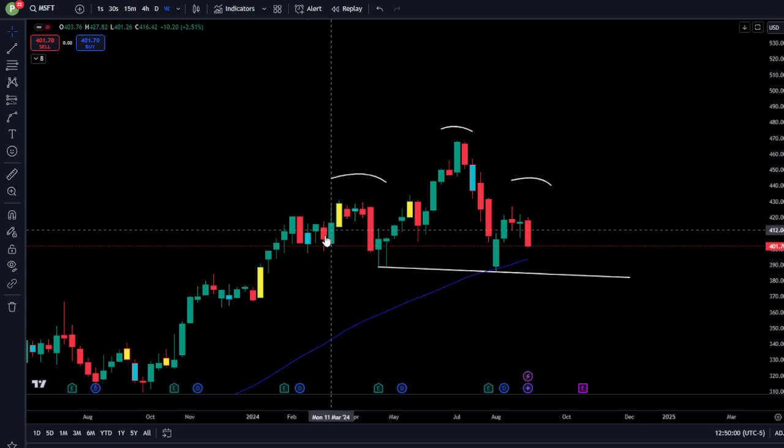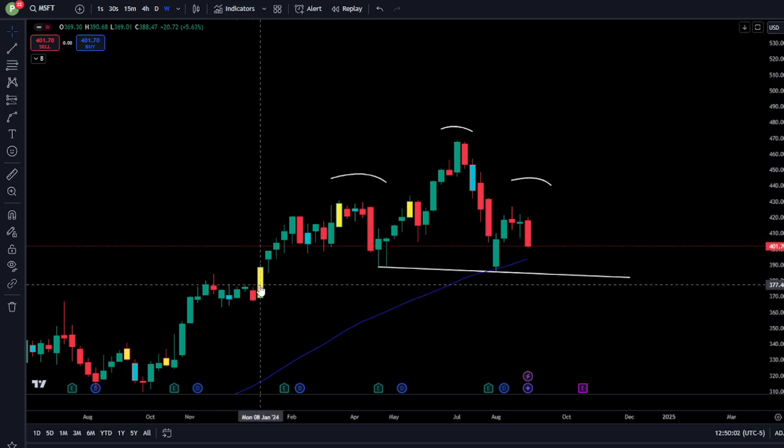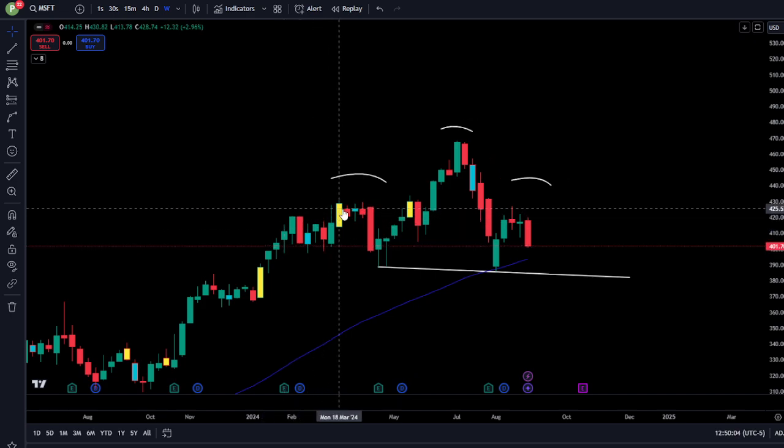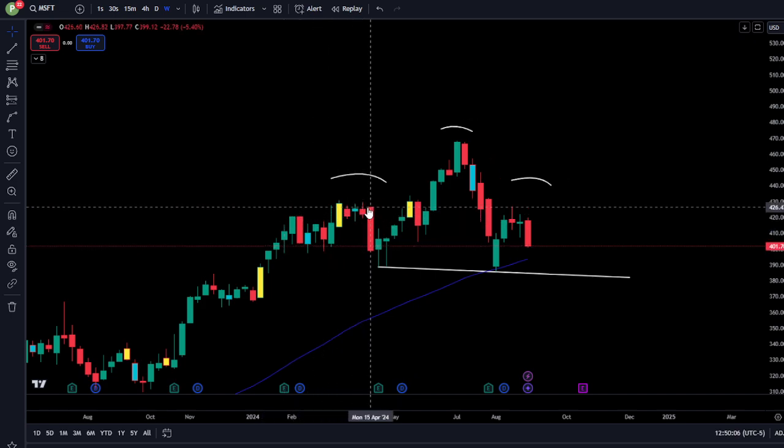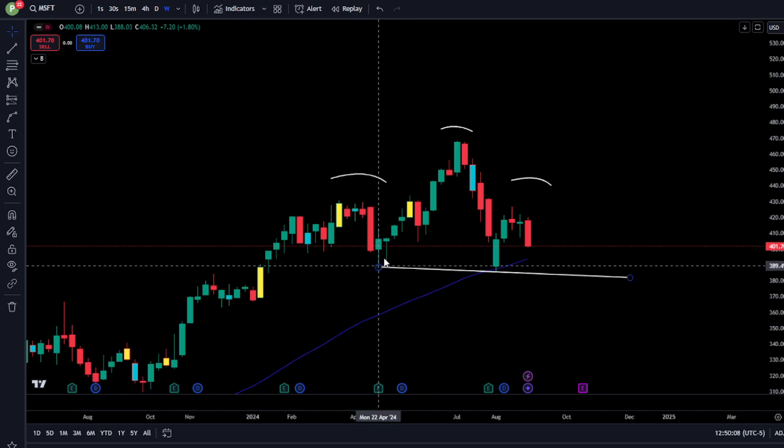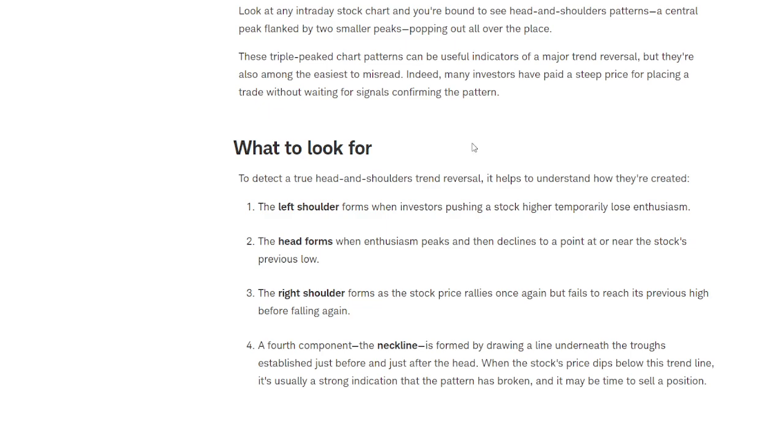All right, so we're looking at the weekly time frame. We see that investors were pushing Microsoft higher, and then eventually they started to lose enthusiasm. We declined, thus starting a potential neckline. Next, how do we identify the head? The head forms when enthusiasm peaks and then declines to a point at or near, keyword is near, the stock's previous low. Interesting.